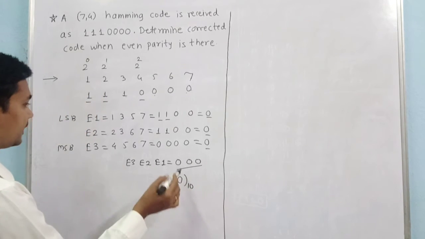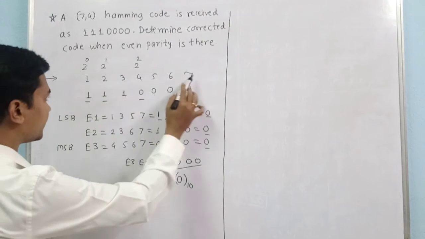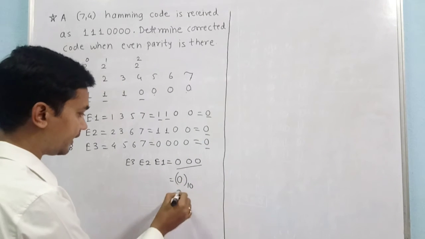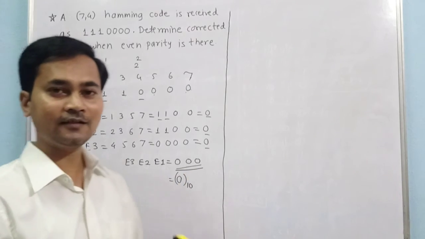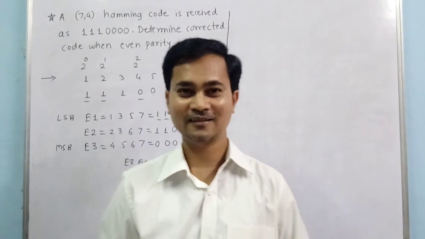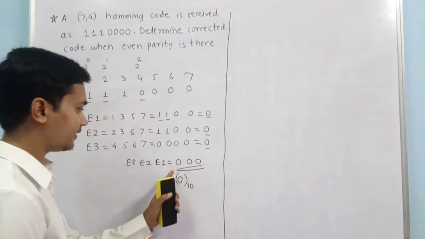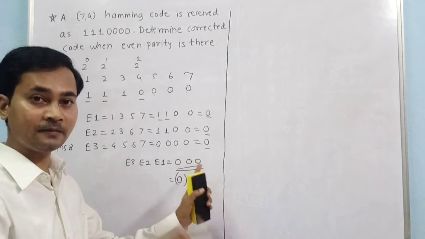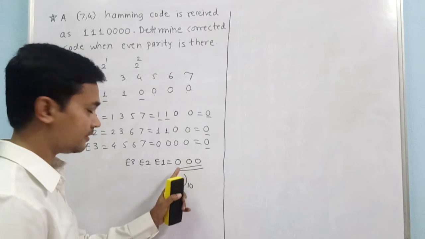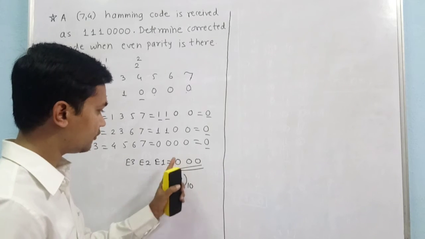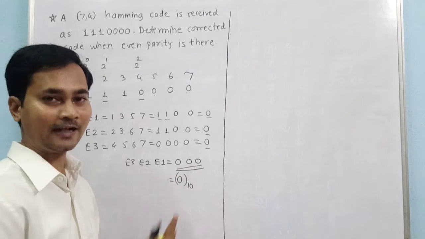We have already placed these positions in decimal 1 to 7. So whenever you get 0 0 0, just keep in mind there is no error. Whether it is even parity or odd parity, it doesn't matter, 0 0 0 means there is no error at all.